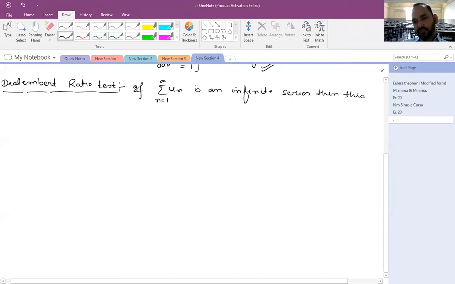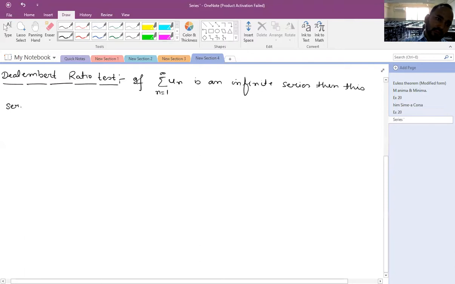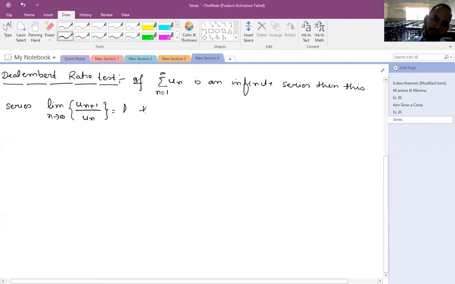If the limit as n tends to infinity of un plus 1 upon un is equal to L, then if L is less than 1, the series is convergent.